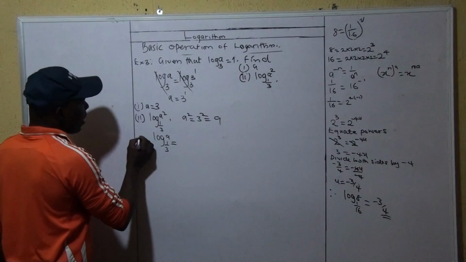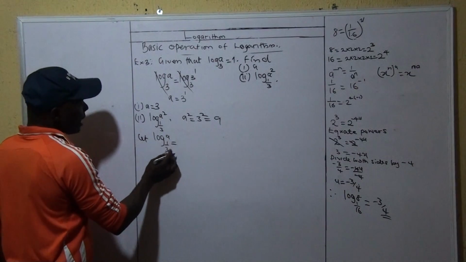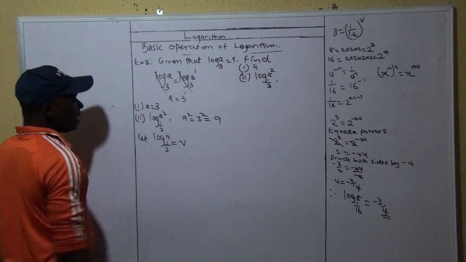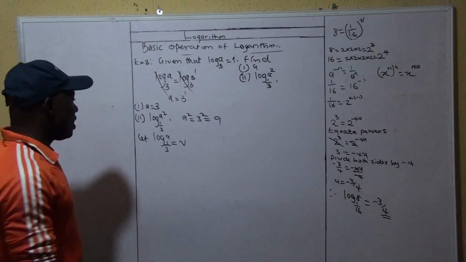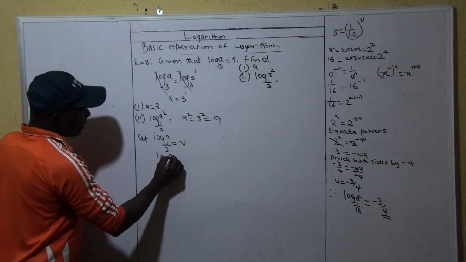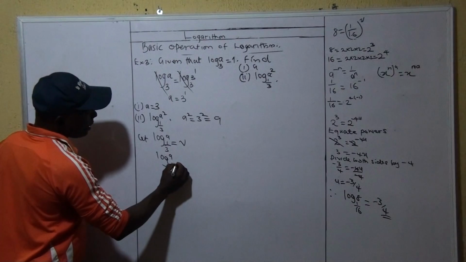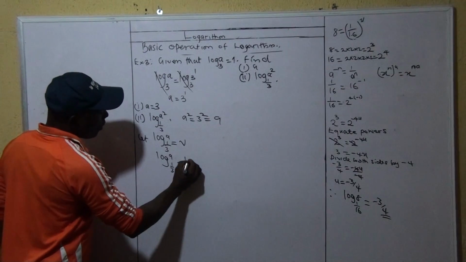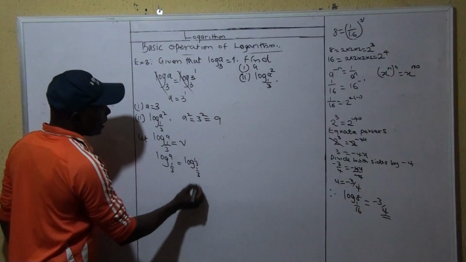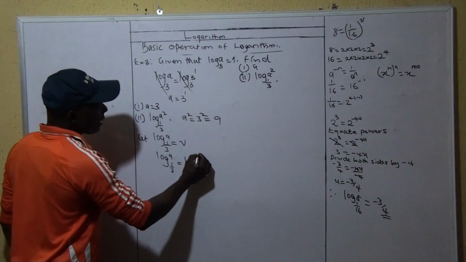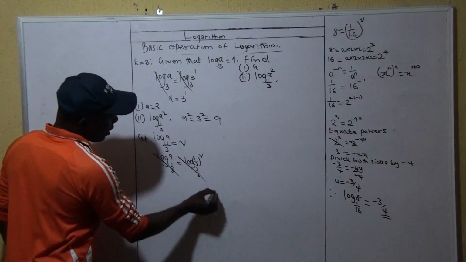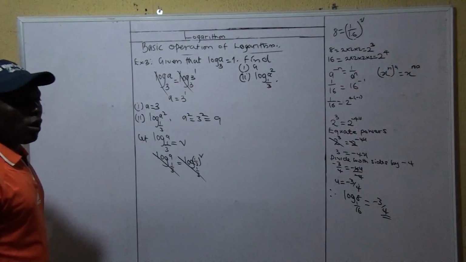So we can just say now let log 9 to base 1 over 3 is equal to V. Let's use V this time. Okay. So this one will automatically carry this as power, so that you now equate the log of both sides.